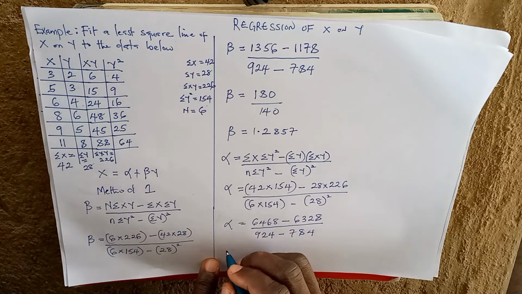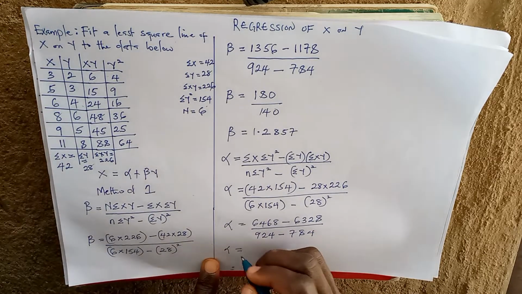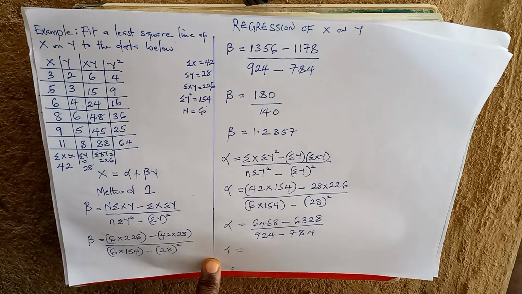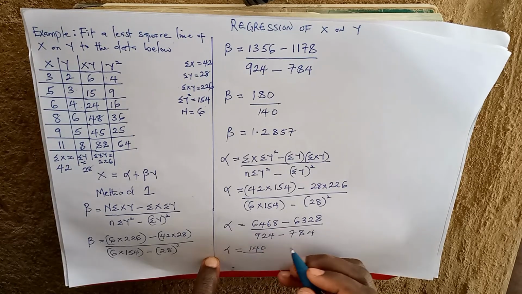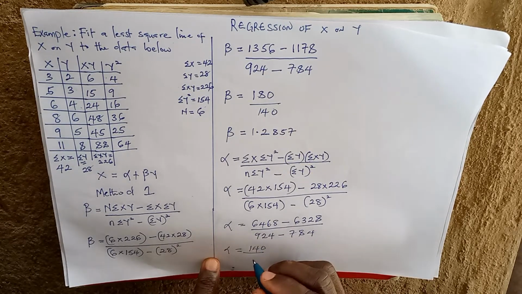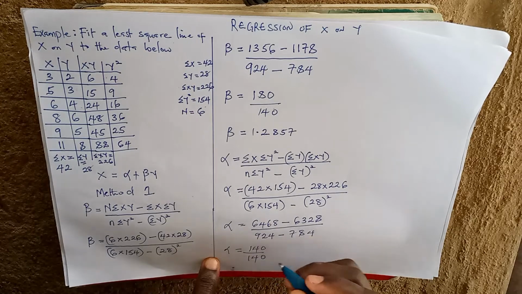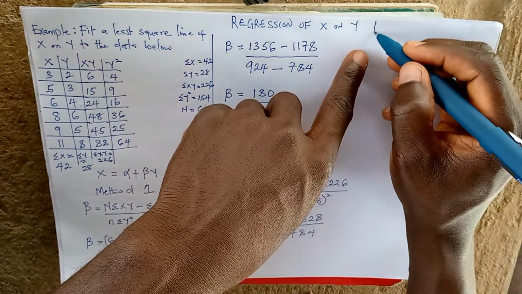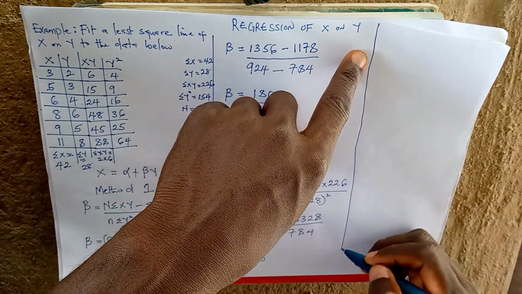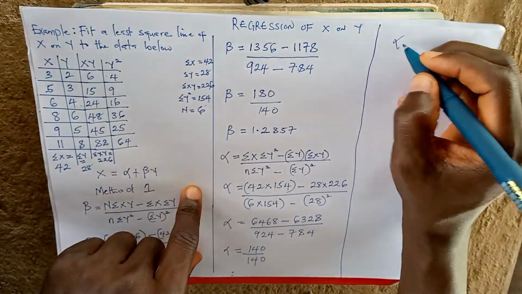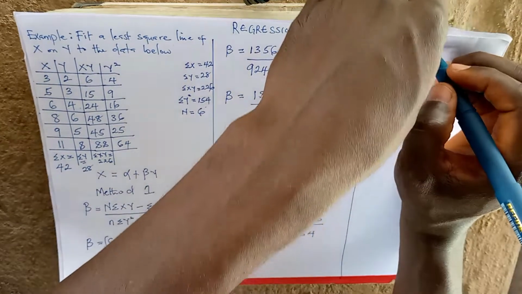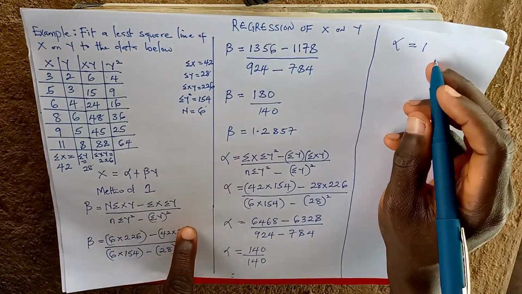Therefore our alpha equals 6468 minus 6328, that will give us 140, divided by 924 minus 784, that will give us 140. Therefore we have our alpha equals 1.